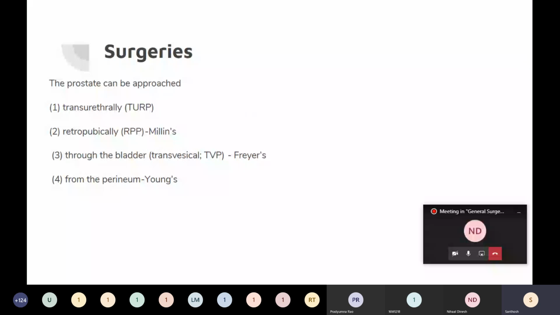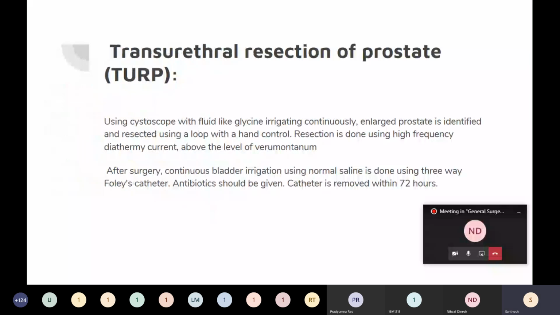So what are all the surgeries? The prostate can be approached in various ways. One is transurethral, retropubically, through the bladder, that is transvesical, or through the perineum. But we usually do transurethral resection of prostate, that is TURP.